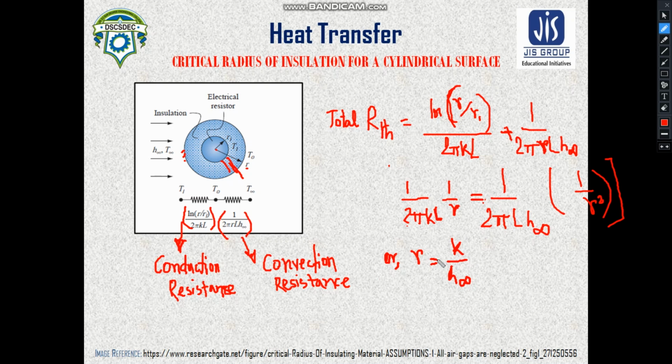That means this critical radius of insulation, I have already termed it critical radius of insulation, but this is not actually the right time to term it because I haven't told it. It is my habit that I have told it. So please concentrate here. This is the radius from where we have found that it is k by h infinite.